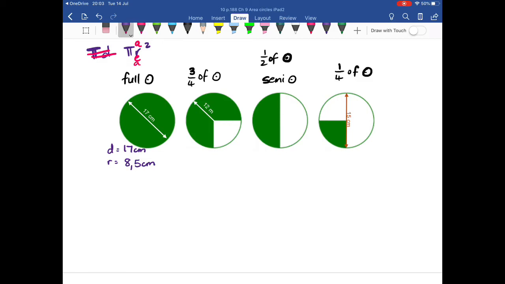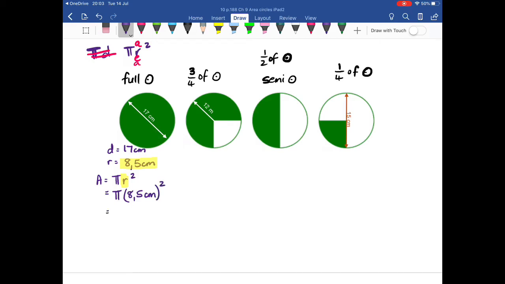So I will write down the formula. My area is going to be pi r squared, and you see I don't have to think of any calculations. I'm just going to have a look and see I need the r, so r was that, and I'm simply going to fill in 8,5 centimeters, and I'm going to square that.